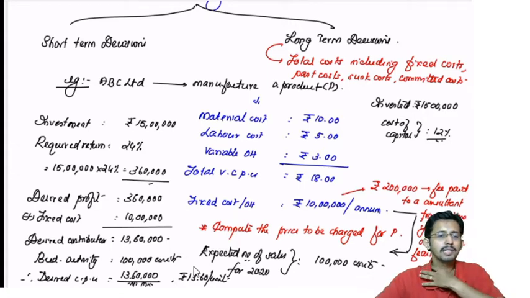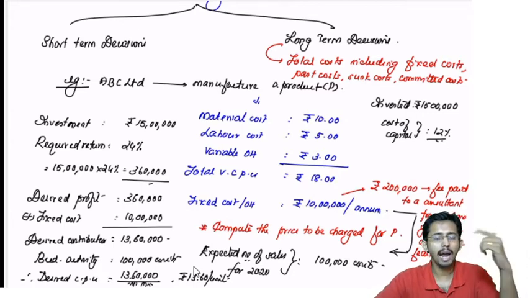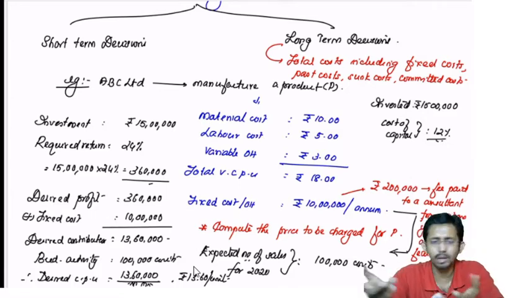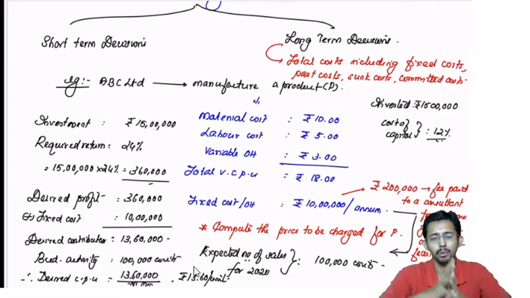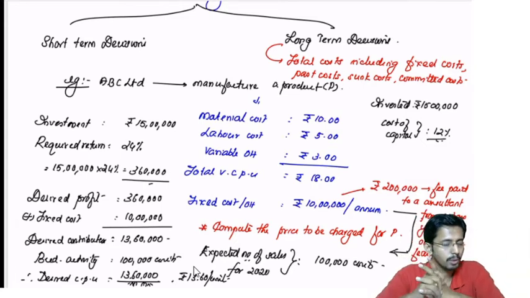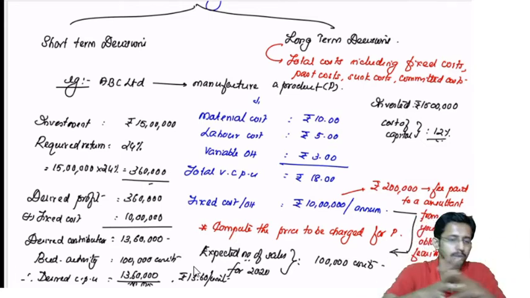Okay, feasibility study report. That means you had appointed a consultant for doing some feasibility study in the market study or whatever, and he has given you a report. Okay, that was given some 3 or 4 months back. Okay, and that is done. You paid a fee of 2 lakhs rupees.